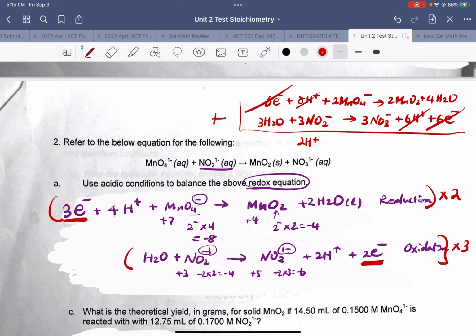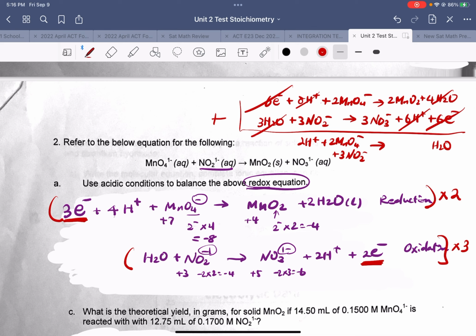Another water here, right? So you have only one H2O on this side. Okay, so 2H+, then I'm going to write down the rest of it: 2 MnO4- plus 3 NO2-. That was the reactant side.